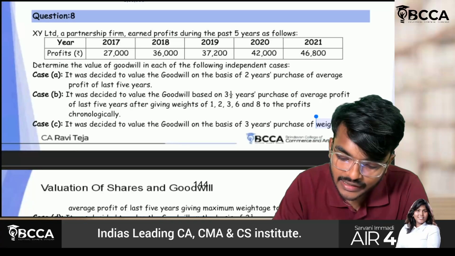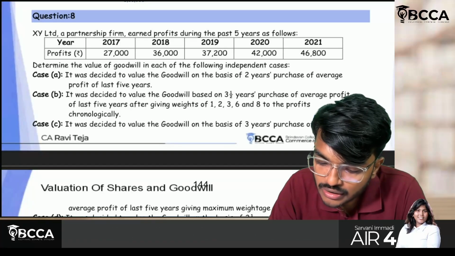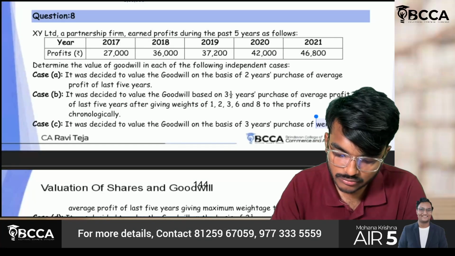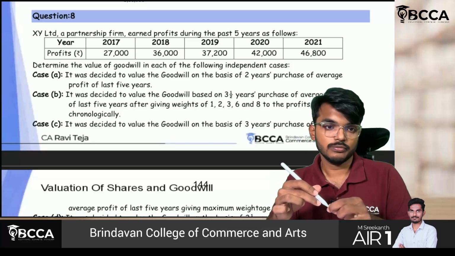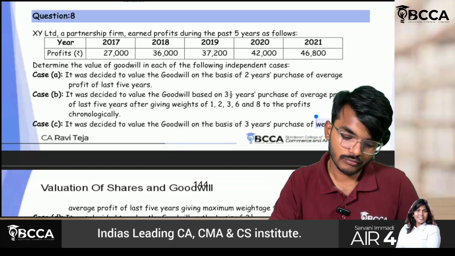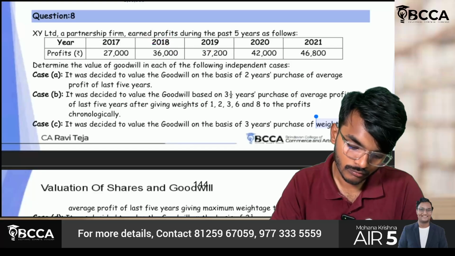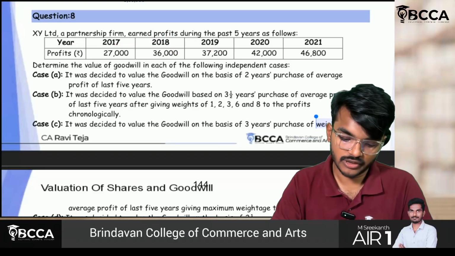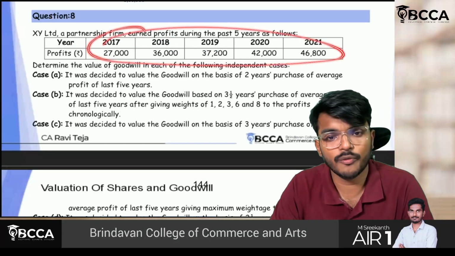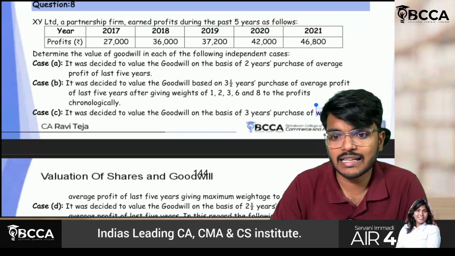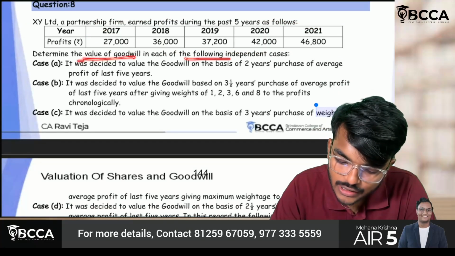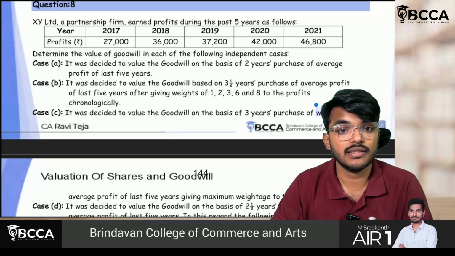The 5 years of profit they have given, for 2017, 2018, 2019, 2020, 2021. First, they are asking you to calculate the goodwill in each of the following independent cases.